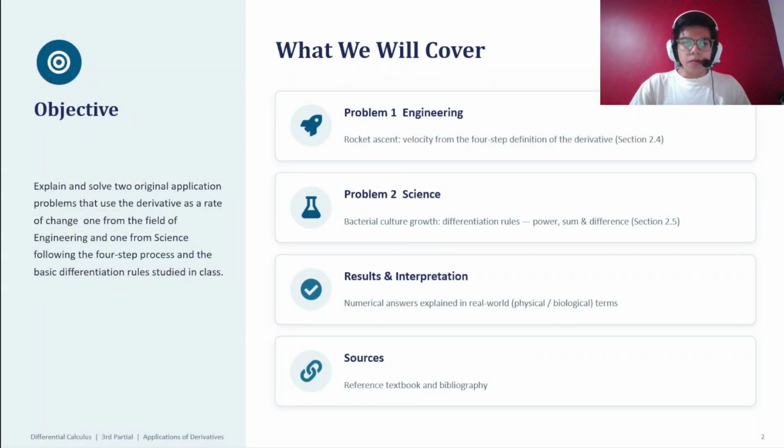And what will we cover? Well, the objective here, like I said, is the two problems that we need to see: the engineering and the science. And this helps us to understand why these problems help. Like in engineering, most of the people don't see this as important.